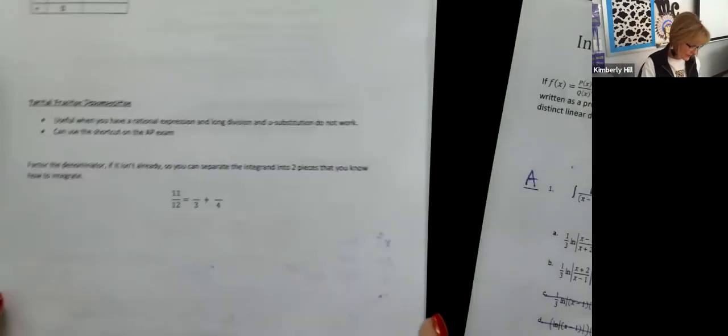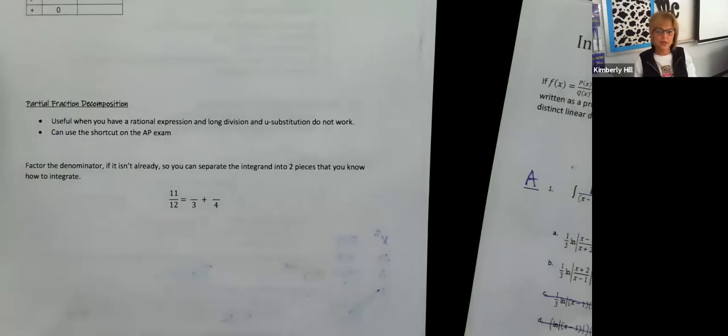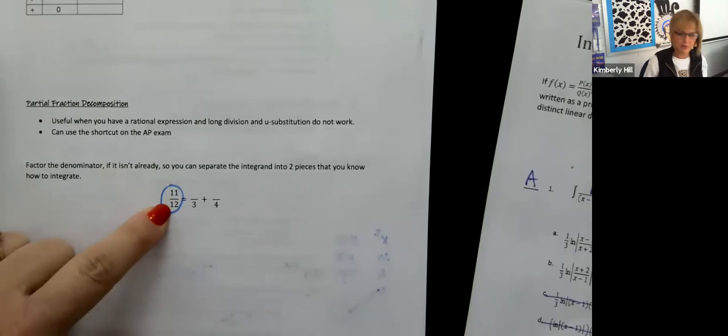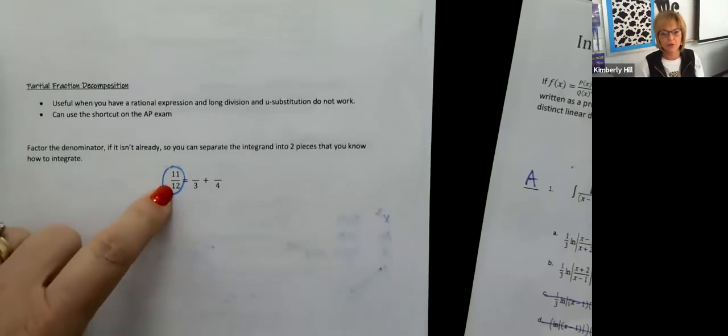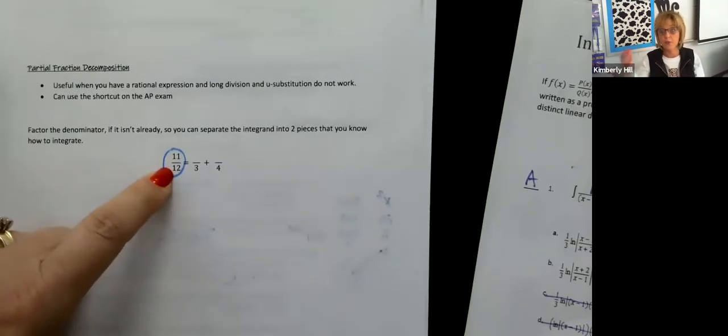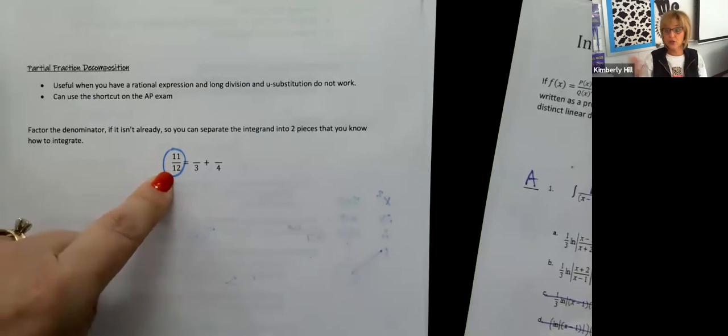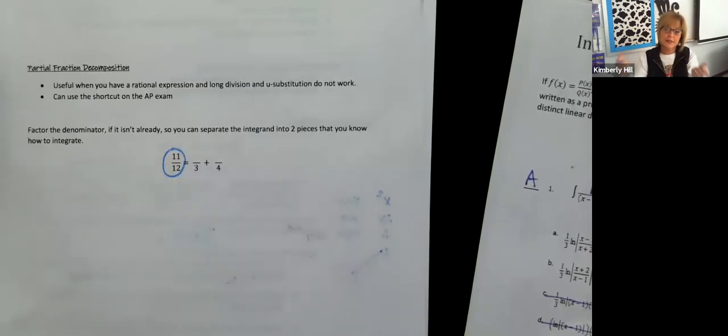Basically, you have a rational expression, and I'm going back to the basics for those of you who haven't seen this before. You have a rational expression that you can't do the integral of. So could we break it into little pieces and do the integral of each little piece?